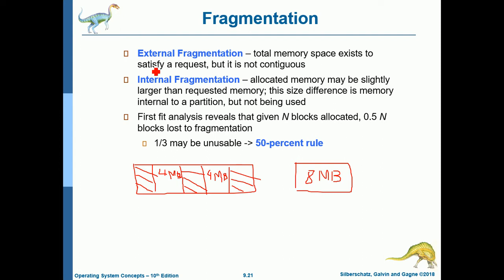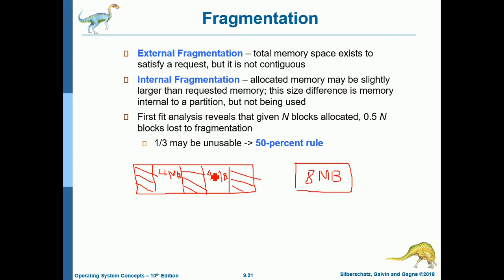This example is external fragmentation. Why? Because 4 megabytes plus 4 megabytes is equal to 8 megabytes.